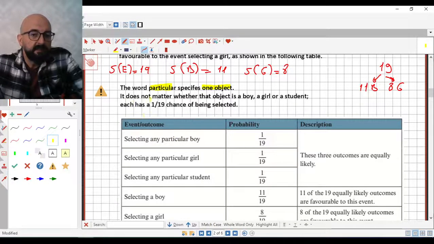So it doesn't matter whether that object is a boy, a girl, or a student. Each has 1 over 19 chance of being selected.